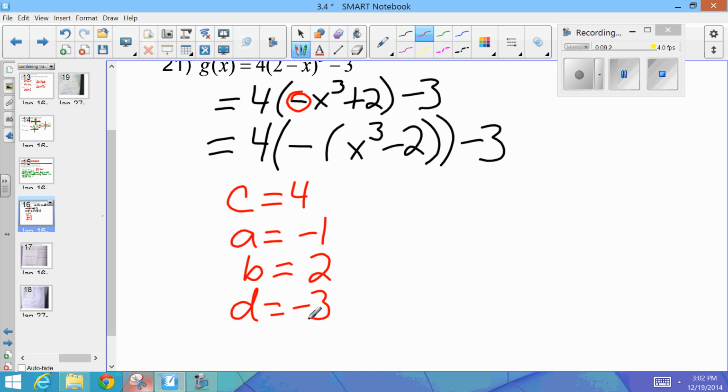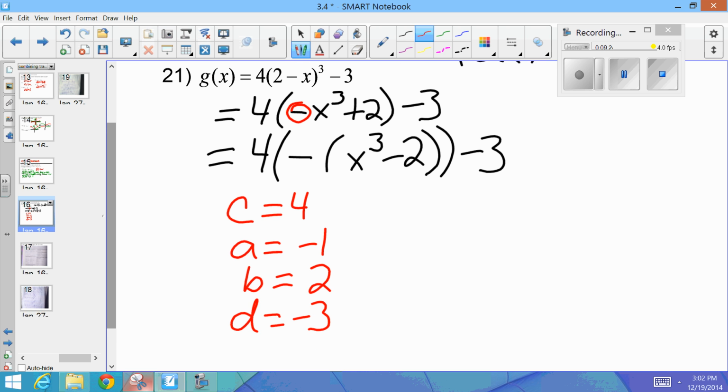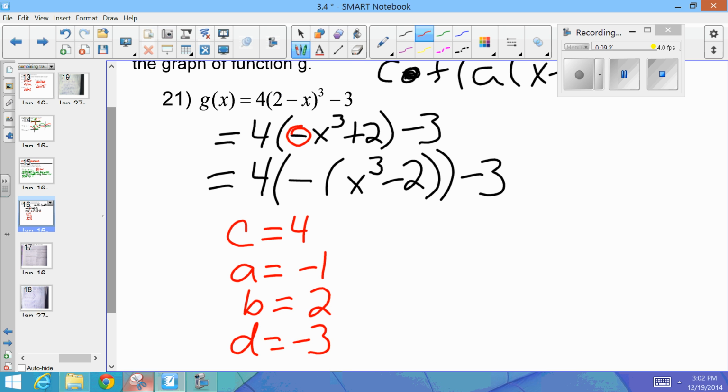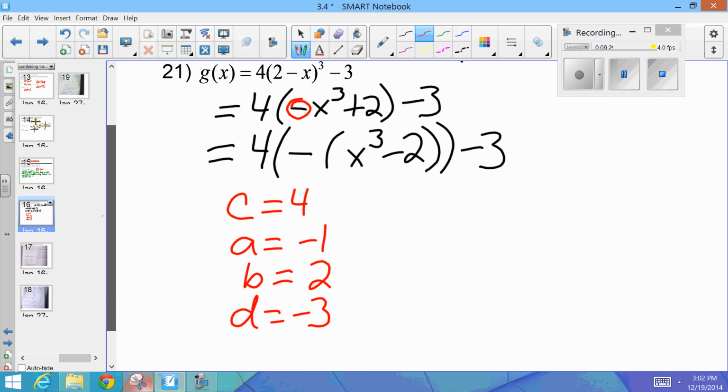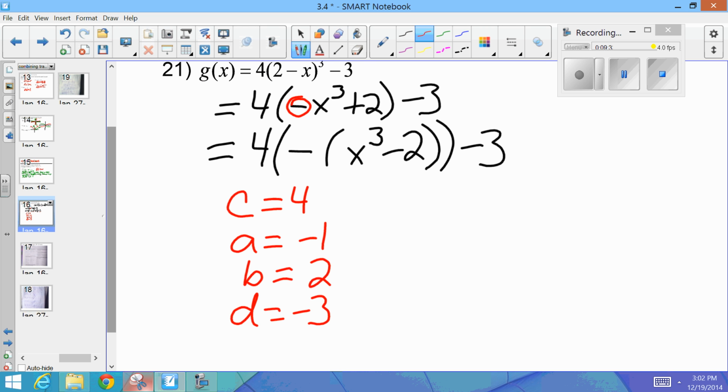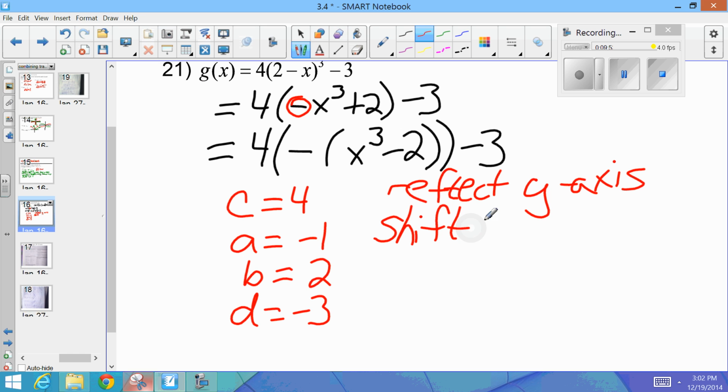And we're going to do them in the order A, B, C, D. Okay. So A is a reflection about the y-axis. Okay. So we are going to reflect about the y-axis. All right, B is a shift to the right 2.